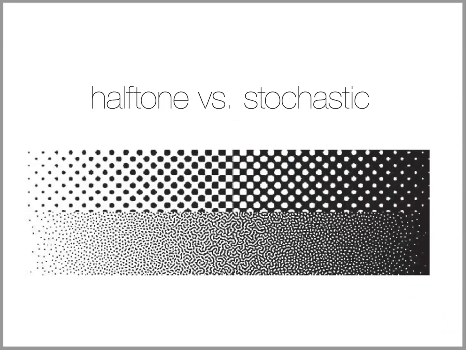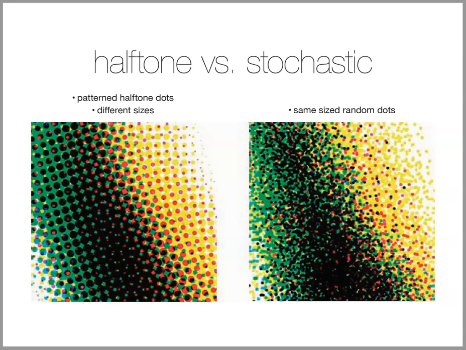Now, we've been talking about those dots, and those dots are when we're using a halftone screen, or the screen angles. There's another kind of printing that uses dots, but it's not dots in a pattern. It's called stochastic. In stochastic, you have the same size dots for everything, but they're random. There is no pattern.